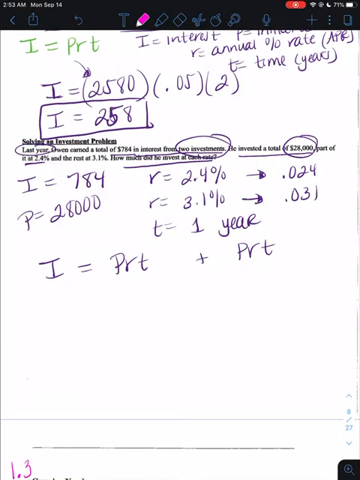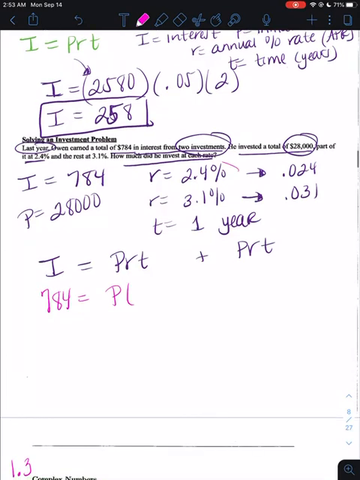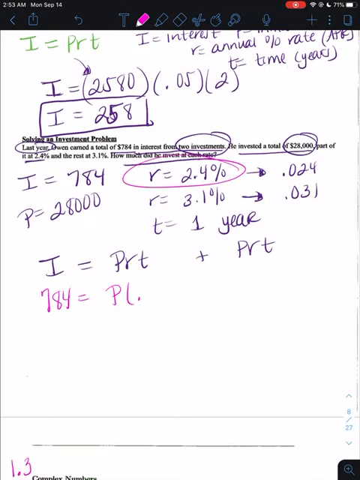Okay, so 2 different accounts. The I is 784. For the first account, you don't know how much money you put in, so we'll just put P. It doesn't matter which one you use first. I'm going to use the 2.4%, so that's 0.024, and the time is 1. Plus, what am I going to put for this P? We don't know how much we put in the first account, but what I do know is that all together I have $28,000.